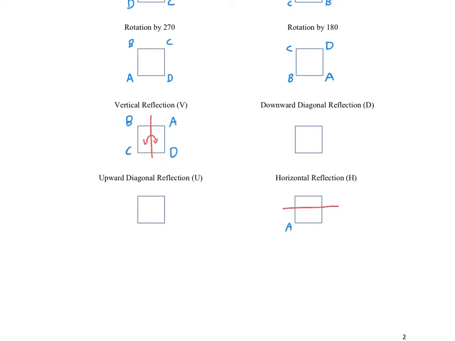So A and B would come down, and the D and C would come up. In the downward diagonal reflection, the A and the C stay put, and the D and B switch places. Finally, in the upward diagonal reflection, the D and the B stay put, and the A and the C switch places.